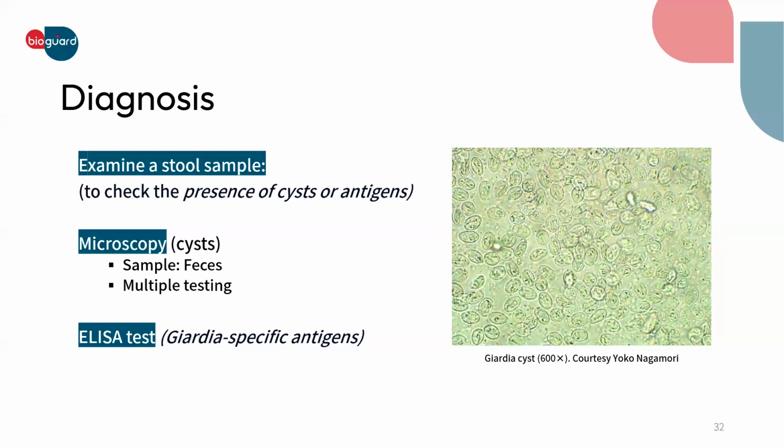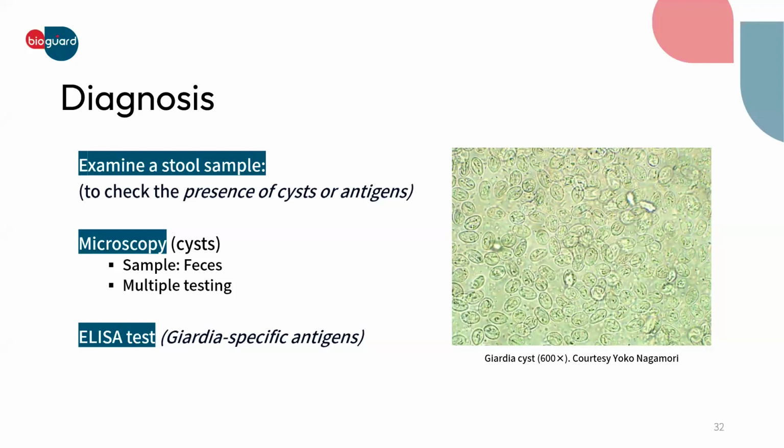Actually, the size of the cyst is only 10 micrometers, so it's okay to see under the microscope. However, compared to the other cysts which are probably also there in the feces, we have to know what kind of cyst is of Giardia, because it's actually a very small size.